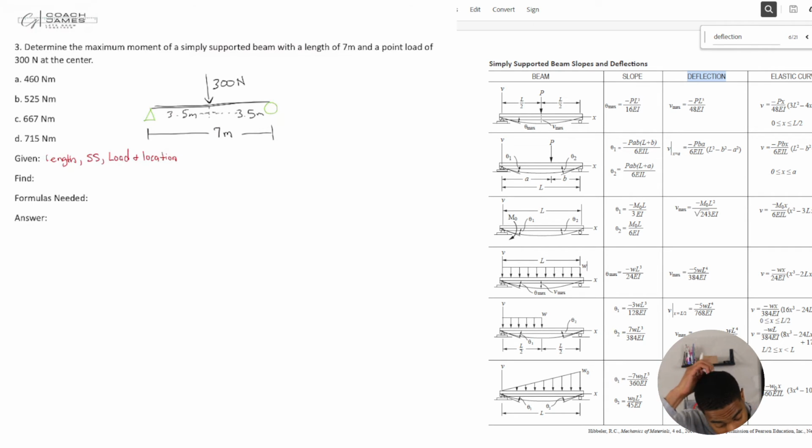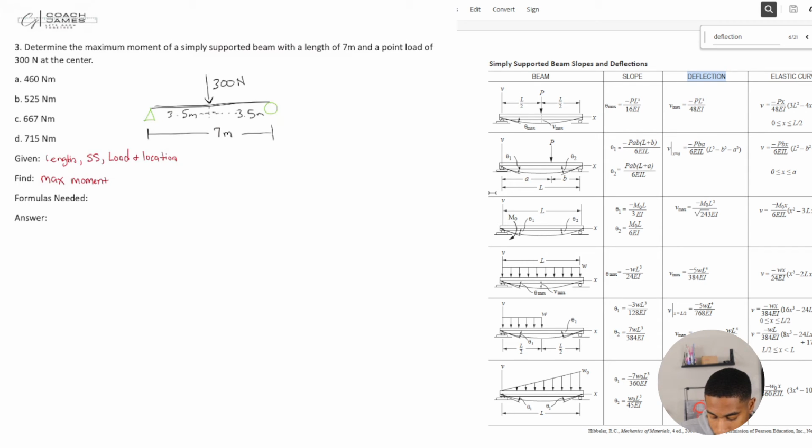Okay. Anything else? Maximum moment. So we're trying to find max moment. All right. How do we get maximum moment? Well, you need to be in the right area first and foremost. So we need to be looking at a beam that is simply supported. So we are in the right section here.